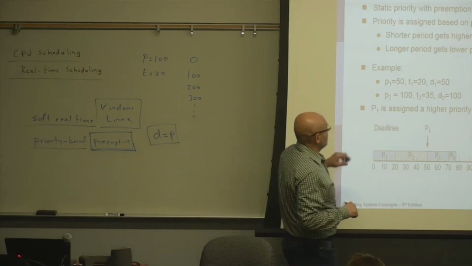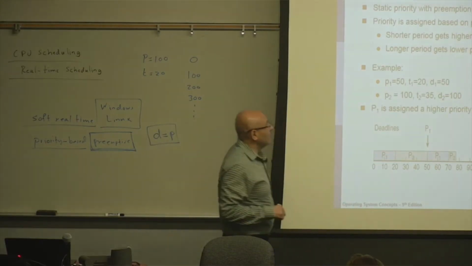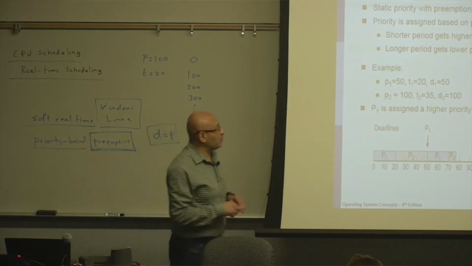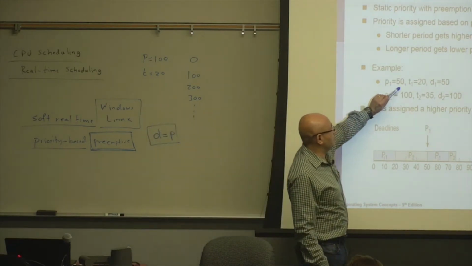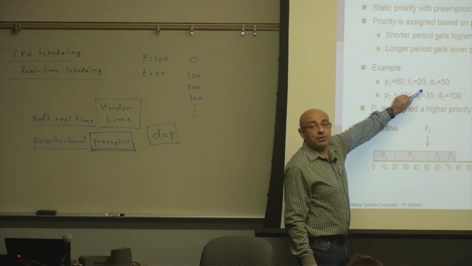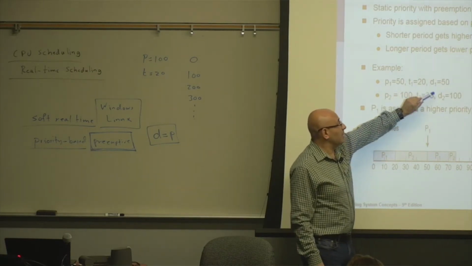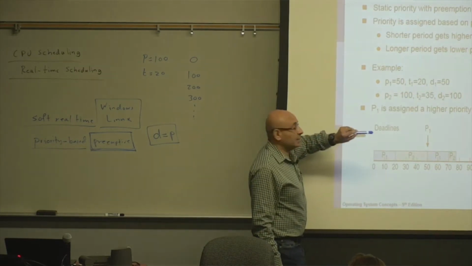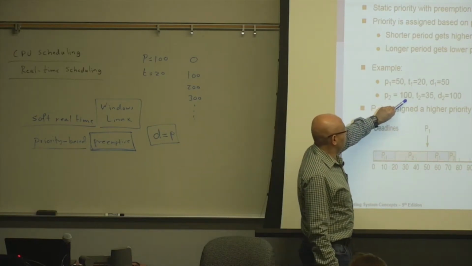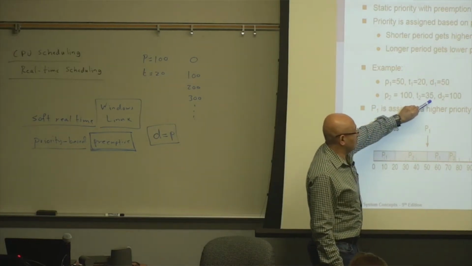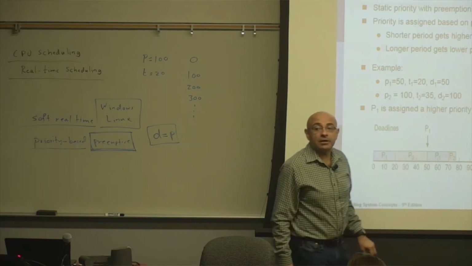period. So in this simple example, I have two processes. The first process has a period of 50, CPU burst length of 20, and a deadline of 50. The other process has a period of 100, burst length of 35, and a deadline of 100.